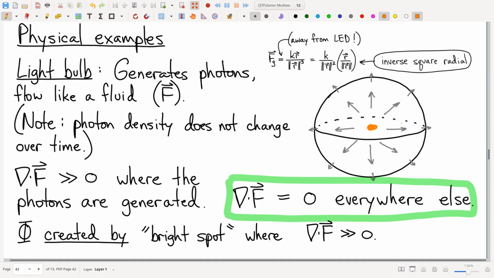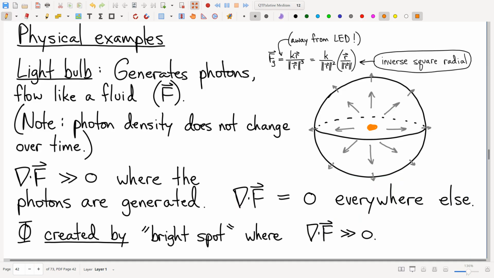And now, what's going on at the LED? Well, that's harder to say. We don't have the formula for the vector field. I literally don't know how deeply inside the LED photons emit from. I'm not sure. Okay. But I don't need to, because I can make the following argument. Let's look at a little region containing the LED.